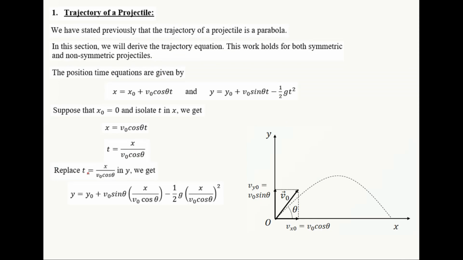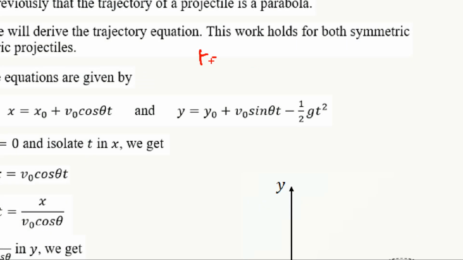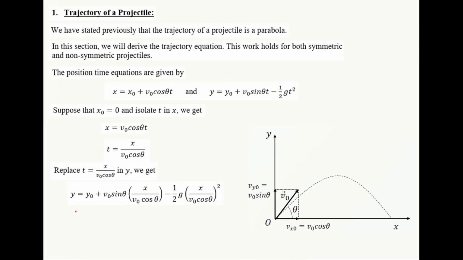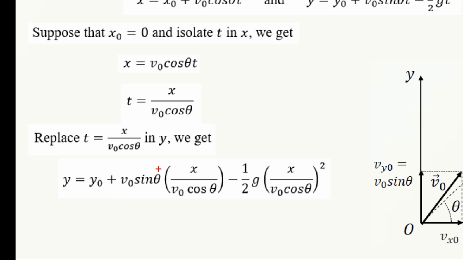And now let's replace the expression of t obtained here in the vertical position. Then we have that t is given by x divided by v0 cosine theta. It can be replaced here and it can be replaced here as well, keeping the vertical position untouched, and we're gonna have the following equation. Now v0 with v0 cancels, sine over cosine would give us tangent theta.